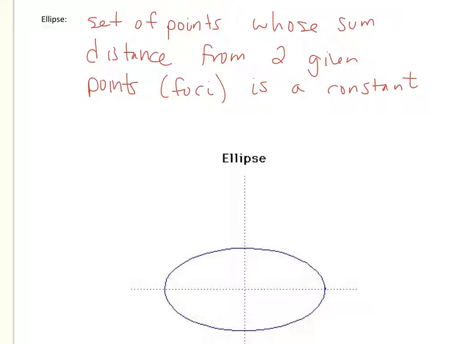So if I look at my picture down here, let's say I have 2 points, which we call foci. So this is a focus here, and this is a focus here.